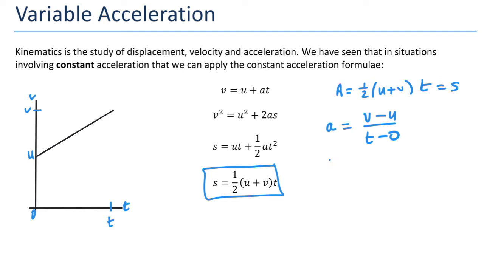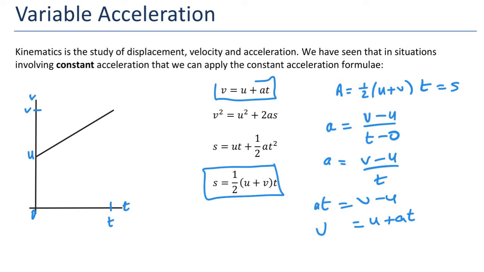That simplifies to a equals (v minus u) over t. Multiplying up by t, we get at equals v minus u, so v equals u plus at. And we've got another constant acceleration equation.